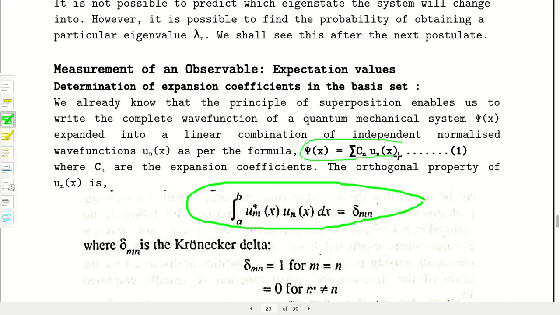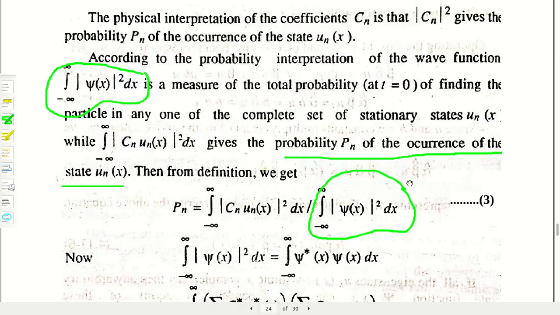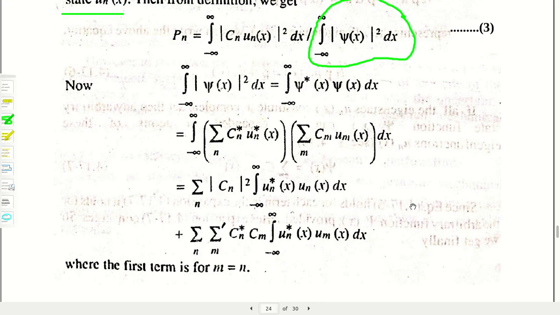Here in equation number 1, you can see the sum of Cn un is your psi. So in place of psi you can put Cm um, and in place of psi star you can put Cn star un star, because two sums are multiplied to each other, so the indices are different for the convenience of the calculation.